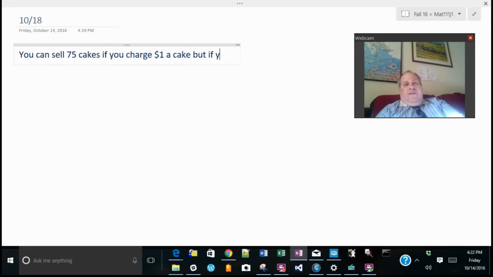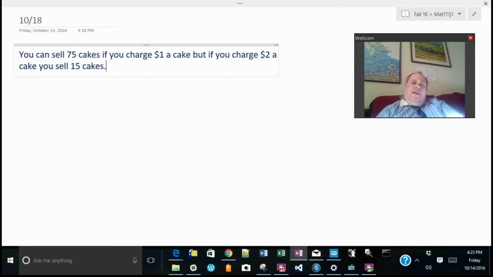But if you charge $2 a cake, you sell 15 cakes. So what is the demand function here? That is, what is the function that takes a price and gives you the quantity?